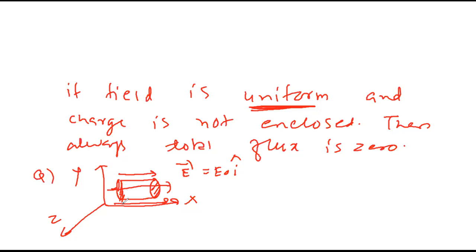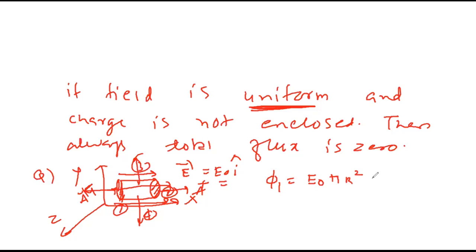So if this is the first face, this is second, this is third, this is fourth. This is area vector A bar for each. So phi 1 is E naught in magnitude, the area vector is this area which is pi r square, and the angle between E, on the right side of the x-axis, and the area vector on the left is 180, cos 180.